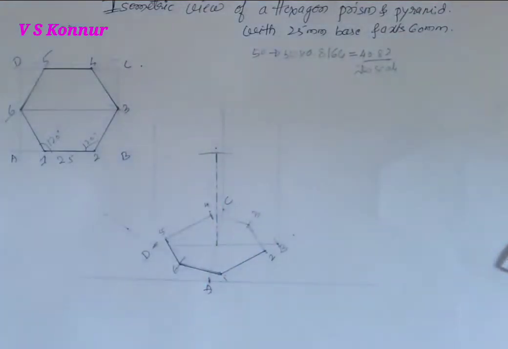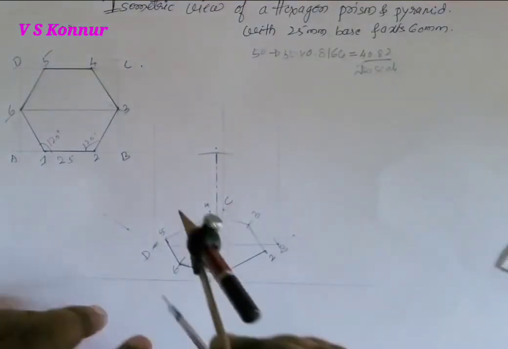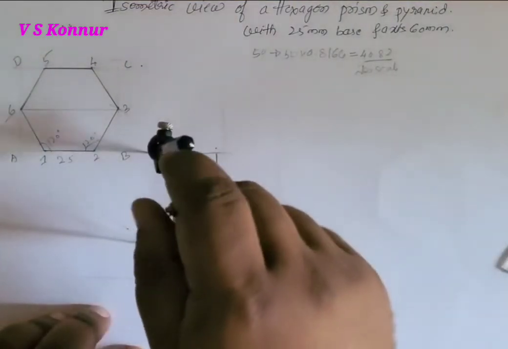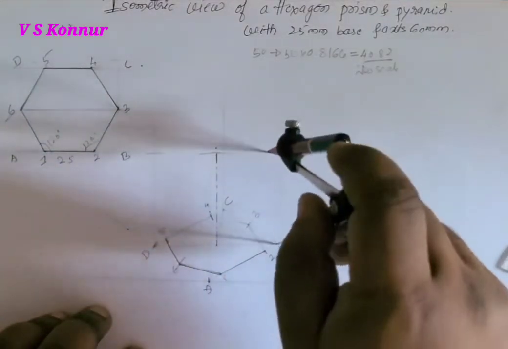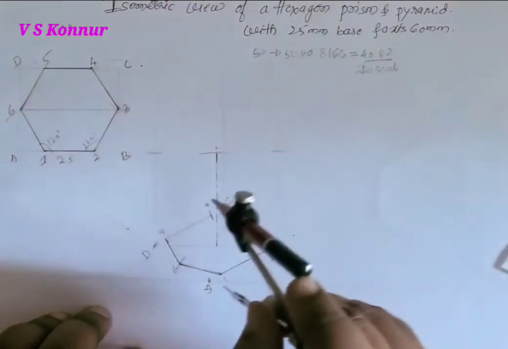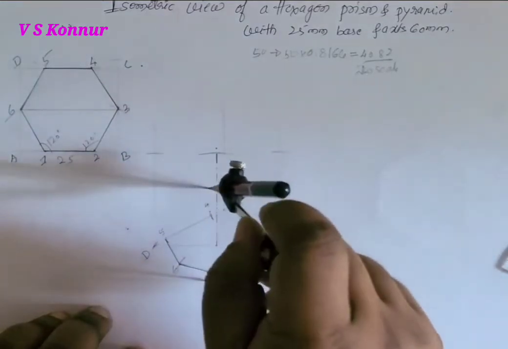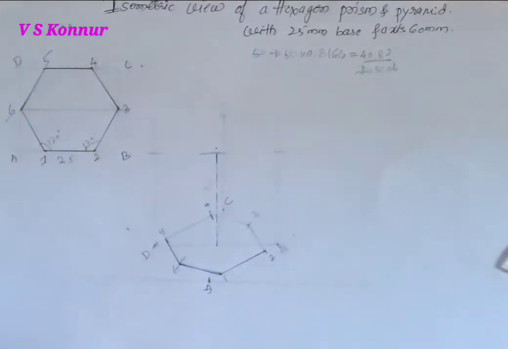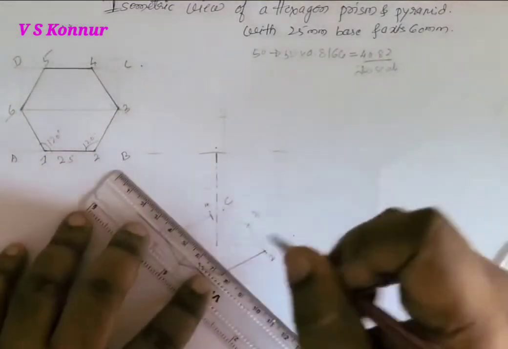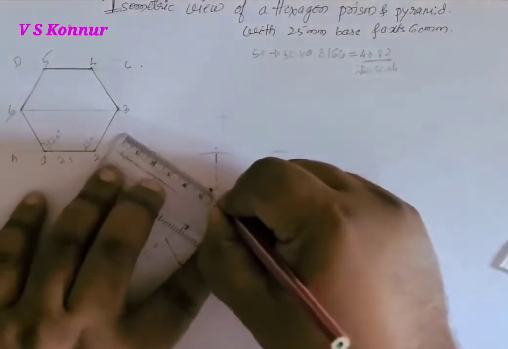Then with the same height we'll cut all the corners, that is 49. From all the corners we'll cut. So that is nothing but, wherever that cuts, we will get the ABCD points at the top.